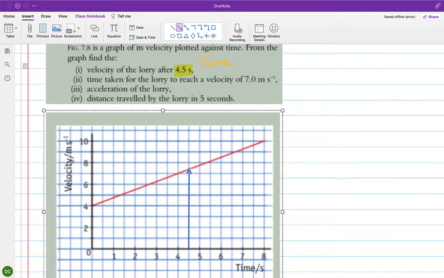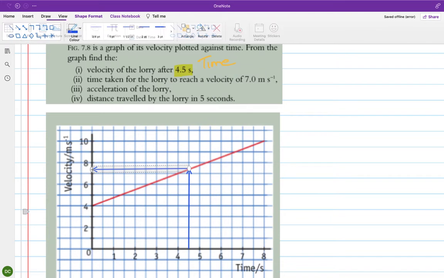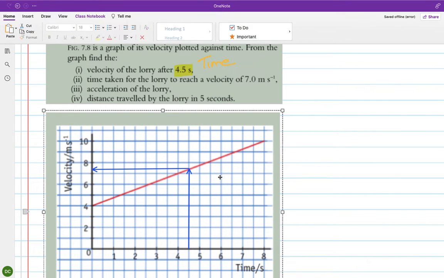And then take it from there across. So that looks around 7.5 to me. So like that point there would be 7. So maybe 7.4. Actually, it doesn't quite look halfway. So let's go 7.4. So I'm going to say the velocity is 7.4 meters per second.